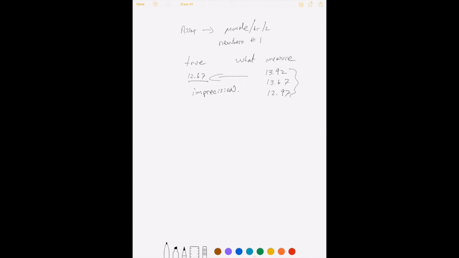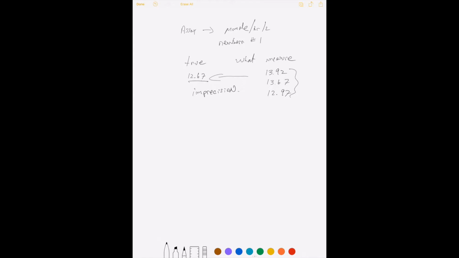And let's talk about imprecision not due to problems with the blood spot. Let's talk about imprecision due to problems with the assay itself, okay? The mass spec might be more precise than the fluorescence or vice versa. Nothing to do with blood spots. It has to do with the assay, the machine that measures the activity itself.